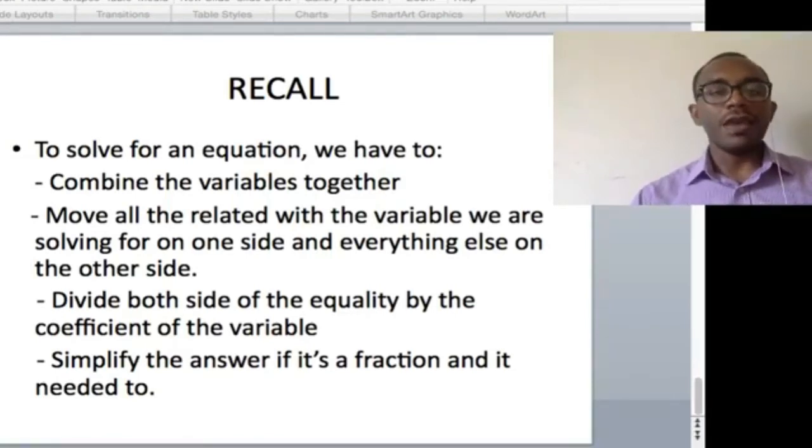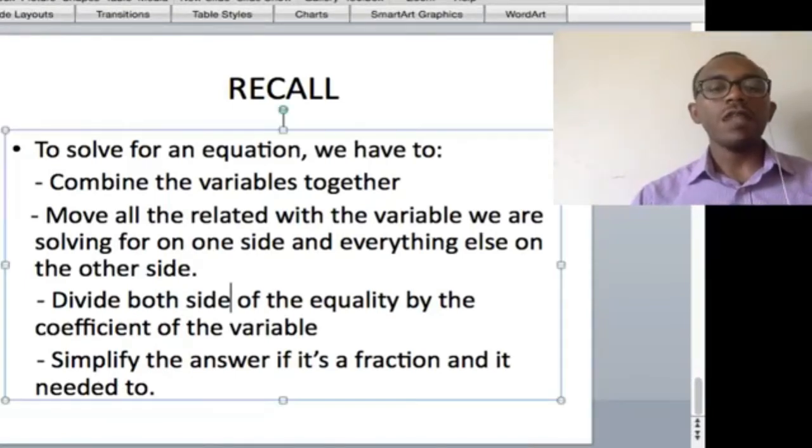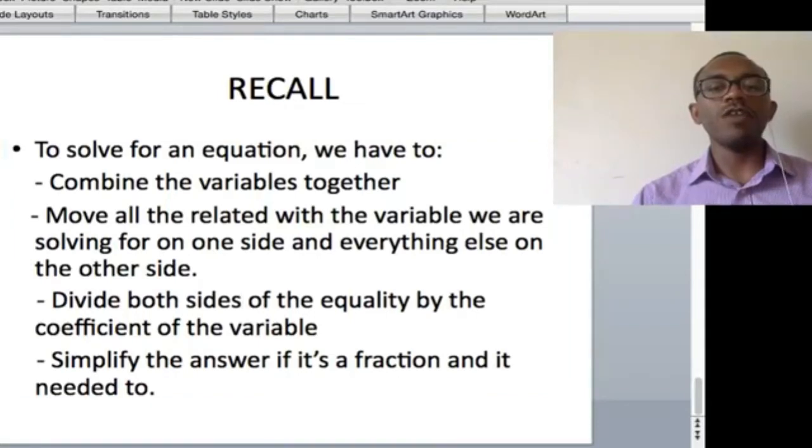Okay? Next, divide both sides of the equality by the coefficient of the variable.